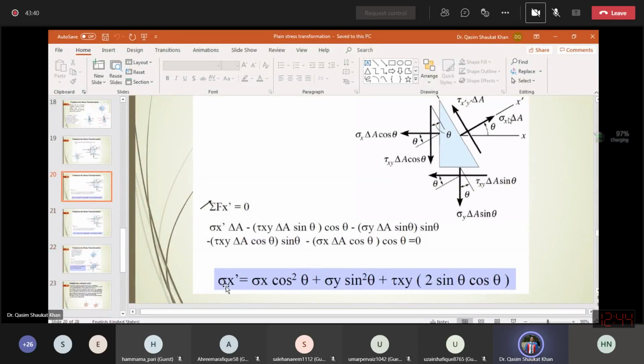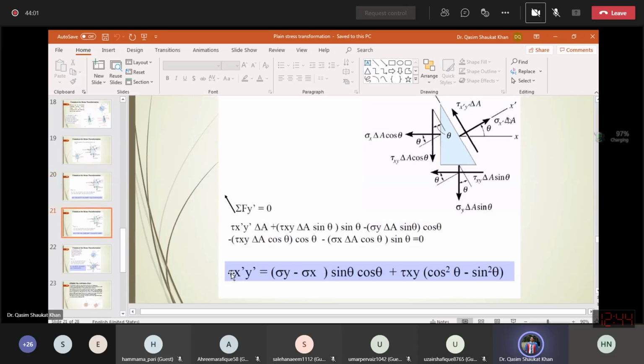So to get the transformed normal stress, I just have to put the value of theta and the stresses sigma x, sigma y and tau xy, and I will get the transformed normal stresses about the x-axis.